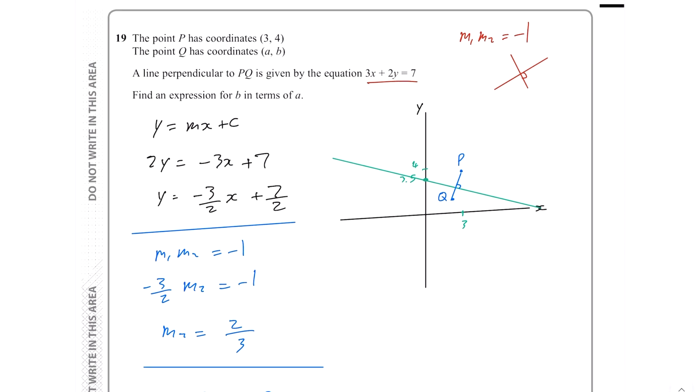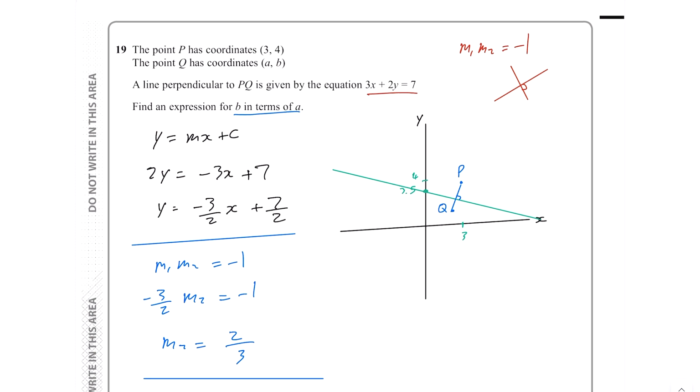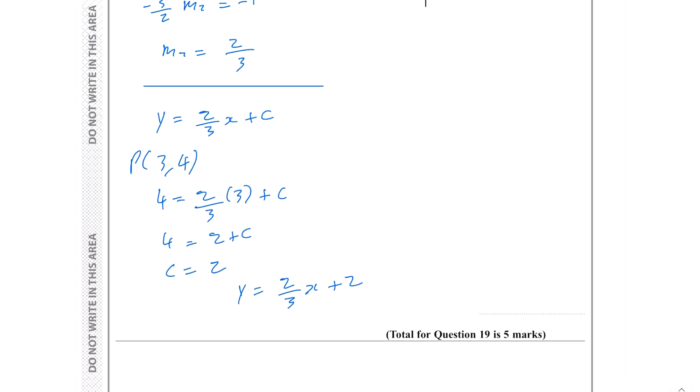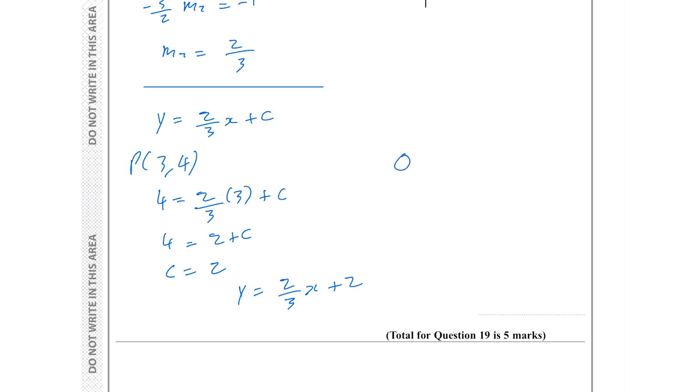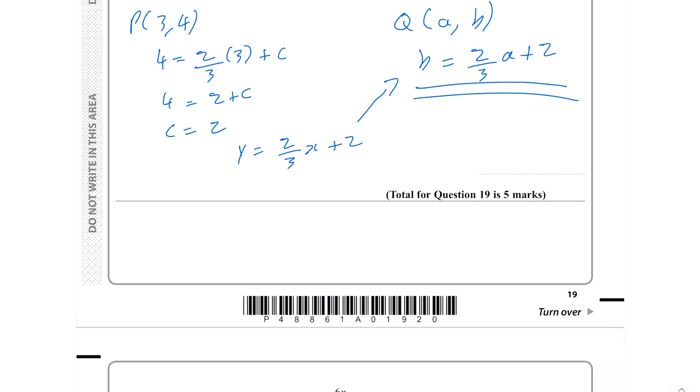But the question says find an expression for b in terms of a. So now all we need to do is substitute in the coordinates for Q, which are (a, b). We know y is b and x is a, so b = 2/3 a + 2. So that is your final answer.